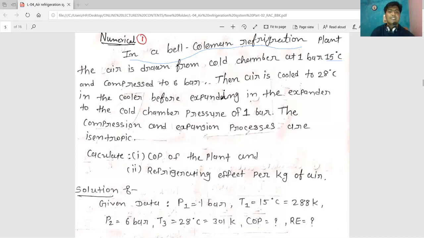The compression and expansion processes are isentropic.